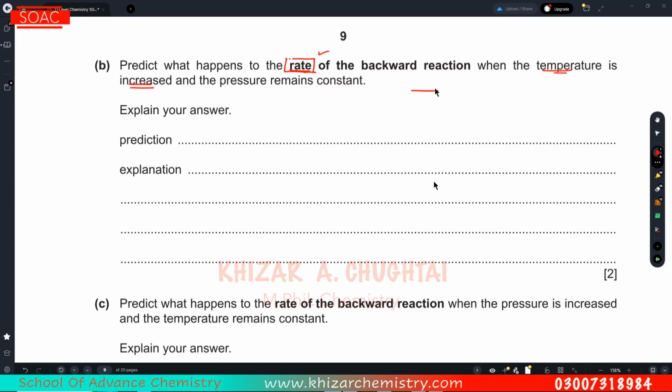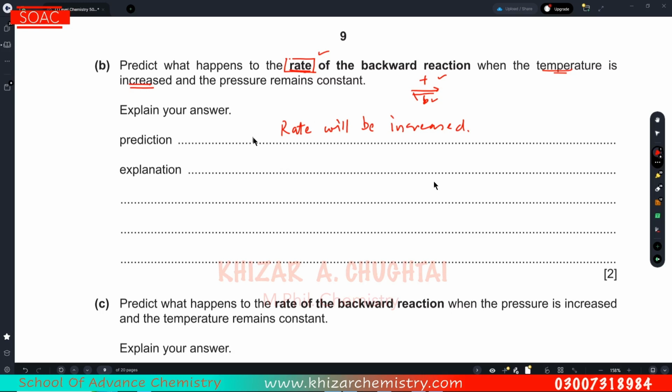On increasing the temperature, the rate of forward reaction increases and the rate of backward reaction also increases. So simply speaking, rate will be increased.